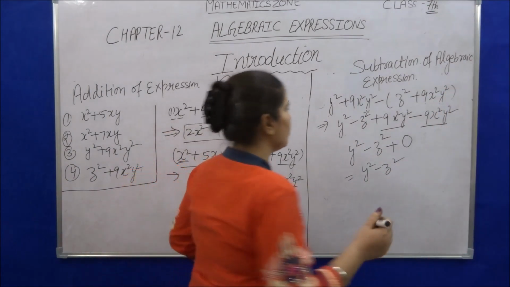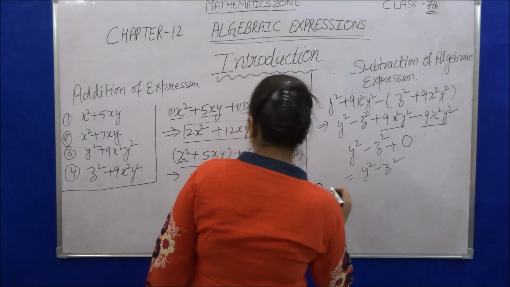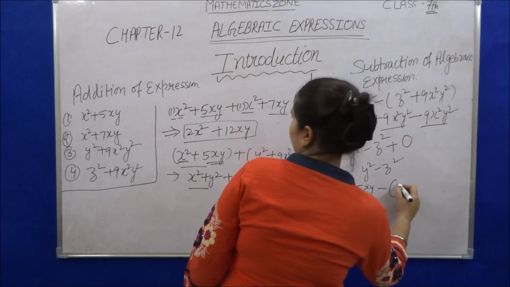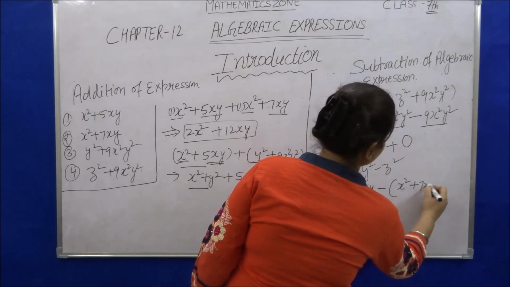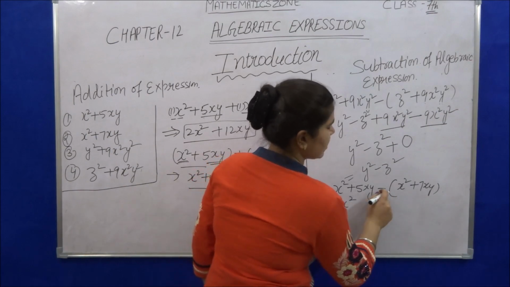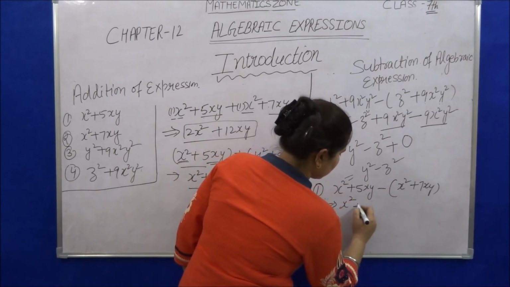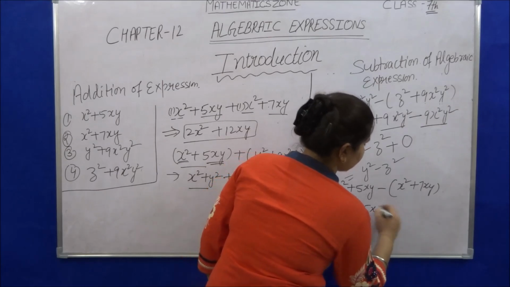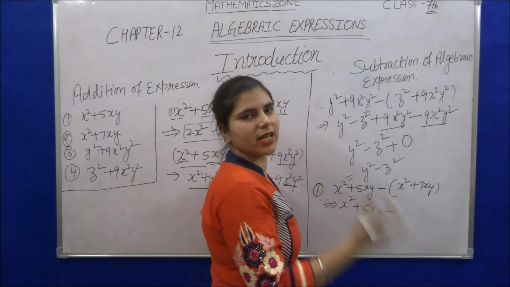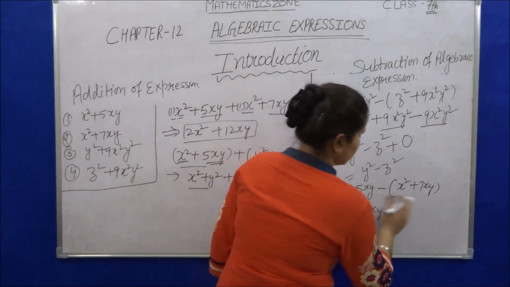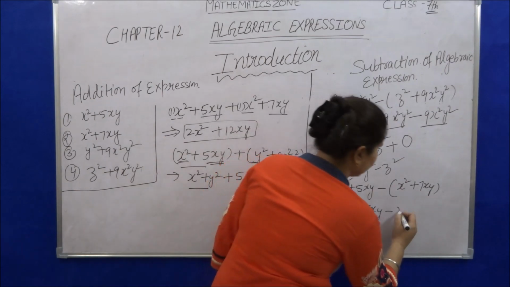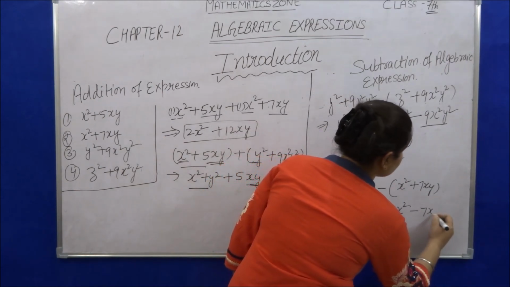Now let's take one more example. x square plus 5xy, minus, x square plus 7xy. Again, because a negative sign is present before the bracket, when we open the bracket, all the signs will be changed. A plus sign will be changed into a negative sign and a negative sign will be changed into a positive sign. So here, as both these signs are positive, they will be changed into negative signs. So minus x square minus 7xy.